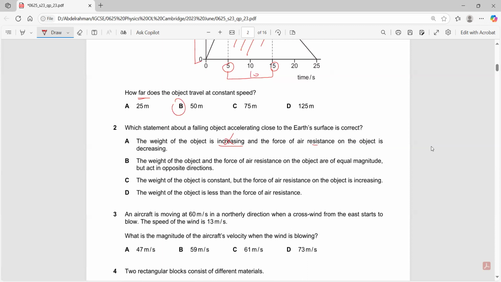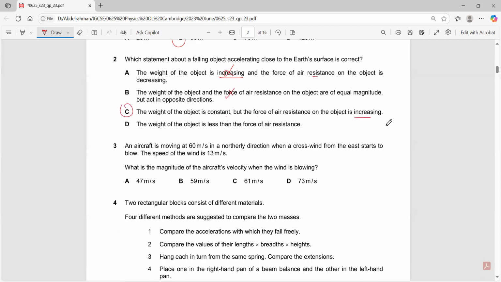When it reaches the terminal speed and it's moving with a constant speed, zero acceleration. The weight is not equal yet, okay? But that's when it's quite far away. The weight of the object is constant, but the force of air resistance increases. Yes, the force of air resistance increases as the speed increases.